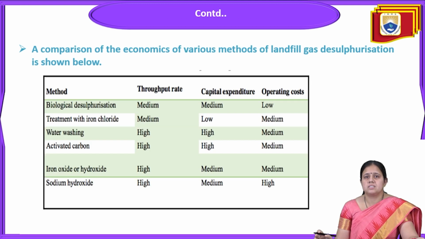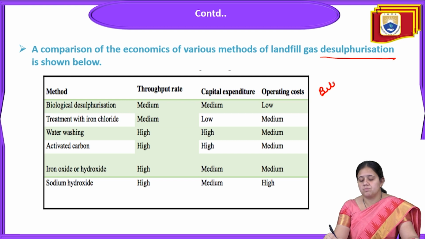So you can see this table. It is a comparison of the economics of various methods of landfill gas desulfurization. This table represents the rate, the capital expenditure and the operating cost for each desulfurization method.